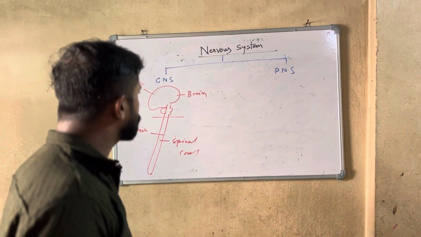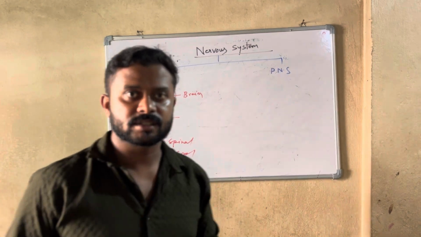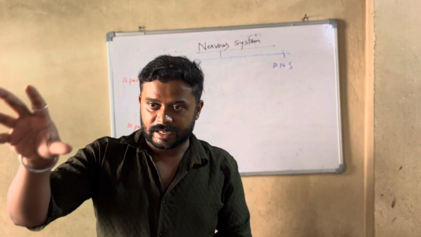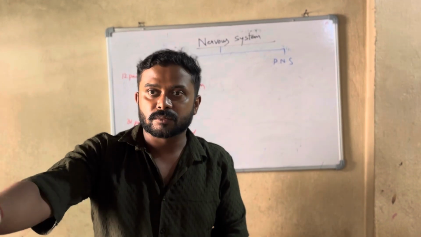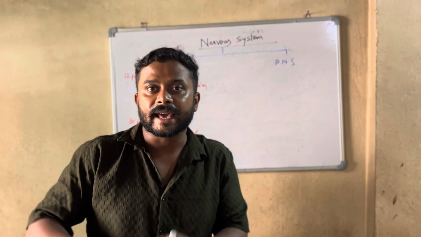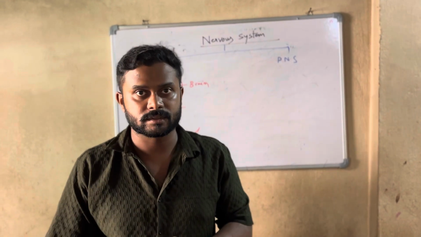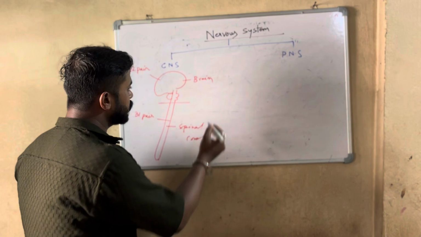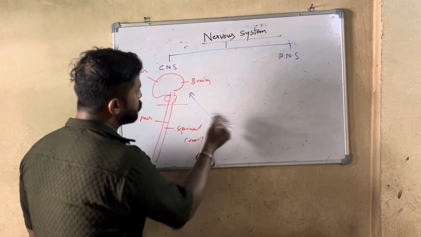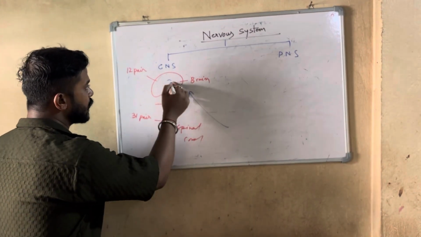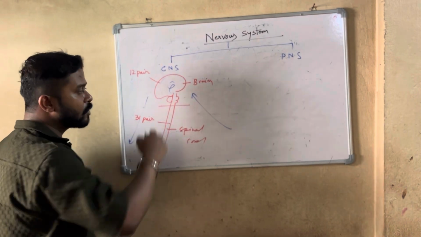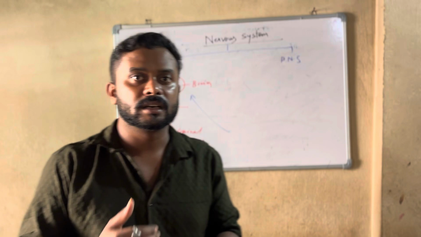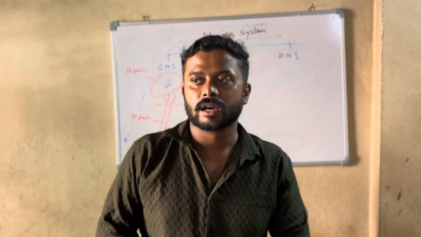So, what is the major function of the central nervous system? It takes the stimulation from the environment, analyzes it and also responds. It also compares the stimulation with the past.